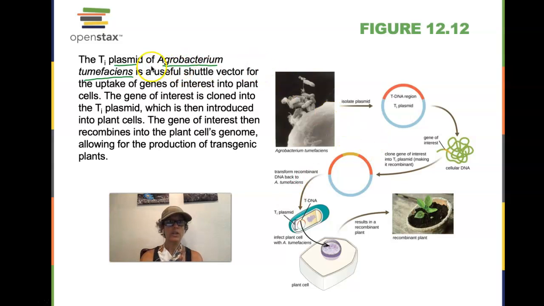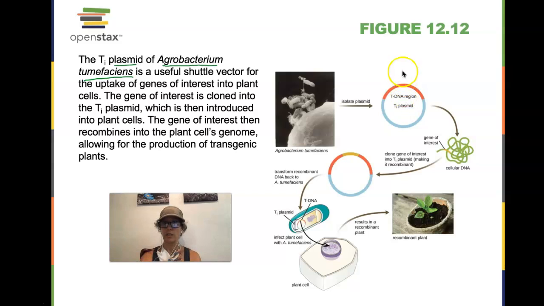So Agrobacterium tumefaciens is an organism that can cause tumors in plants, but we could take the plasmid from that organism and use it as a vector, just like the plasmids to introduce DNA into bacteria can be called vectors. It's the delivery system. So we can clone the DNA of interest, chop it up with a restriction enzyme.